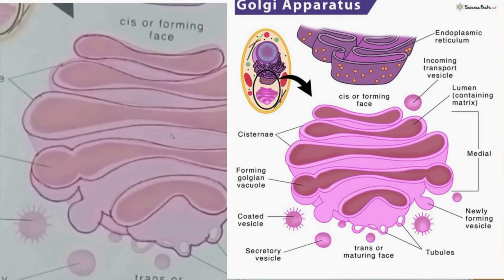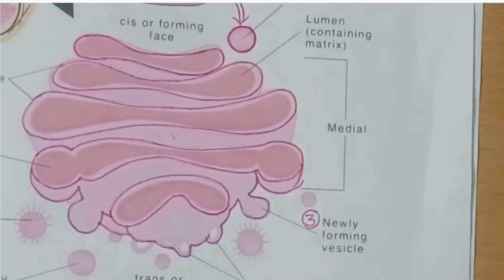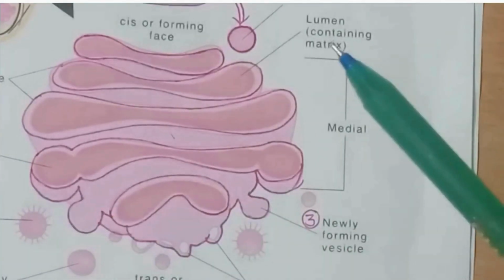Let's discuss functions of the Golgi apparatus. These help in processing, packaging, and transporting the materials to the intracellular targets or outside the cell.